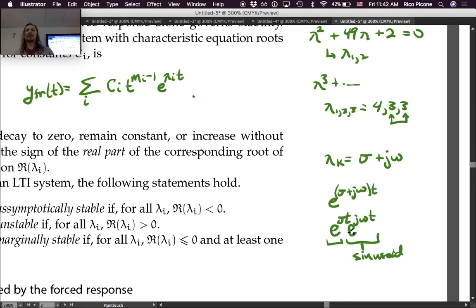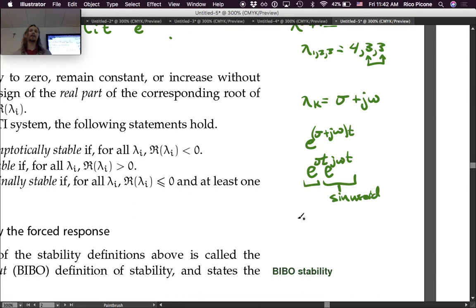So what results from a complex root then is either a sinusoid with increasing amplitude with an exponential increase, if sigma is positive, a constant amplitude that doesn't change if sigma is 0, or a decaying amplitude sinusoid that decays with a negative exponential envelope, so if sigma is negative.